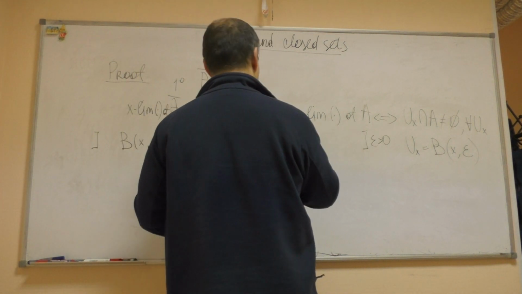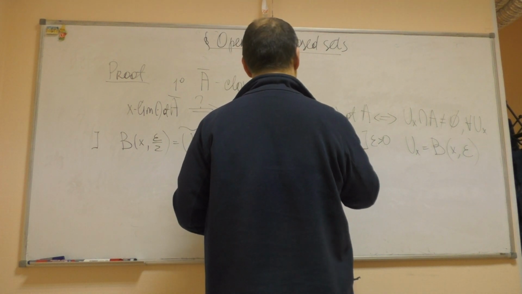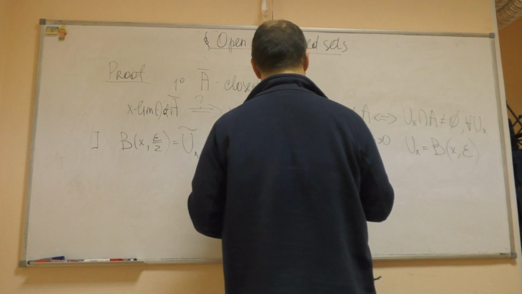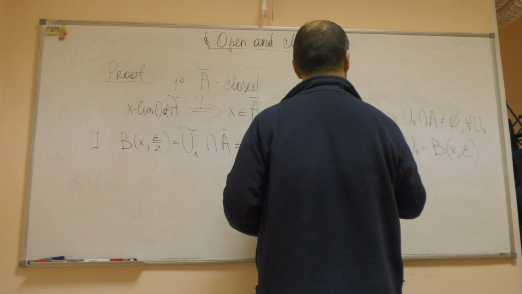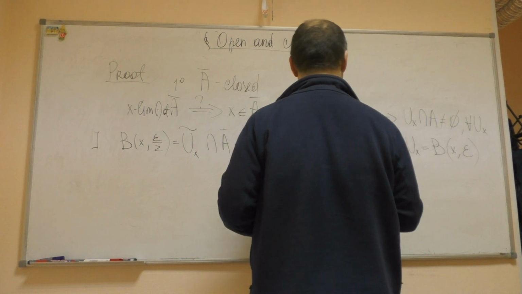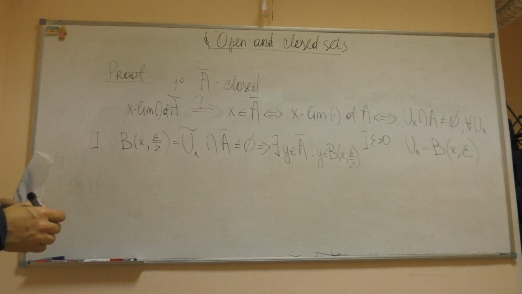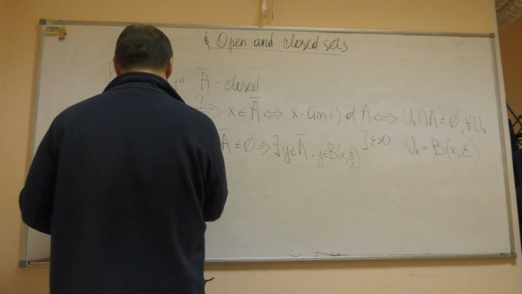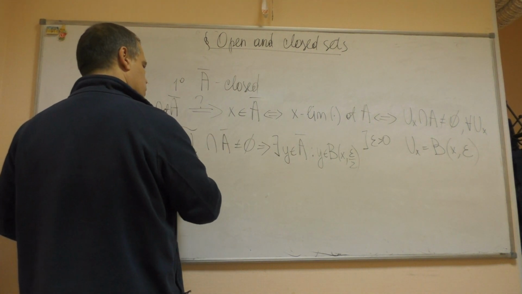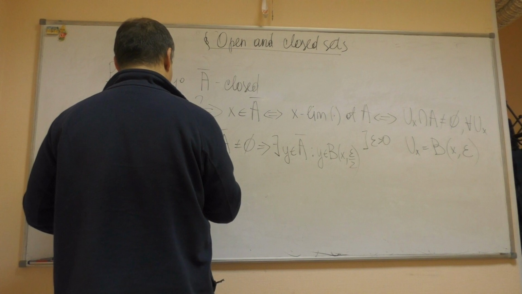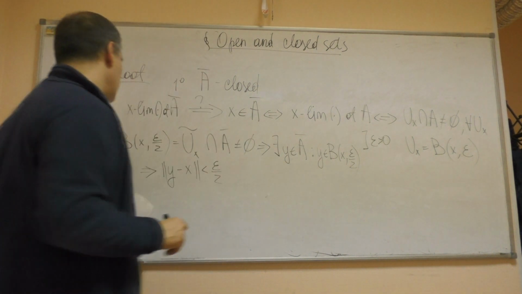That means there is a point y in closure such that y belongs to the ball with center x and radius half epsilon, which in its turn means that the distance between x and y is smaller than half epsilon.